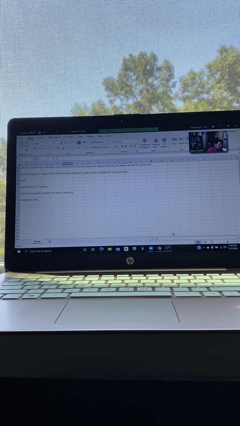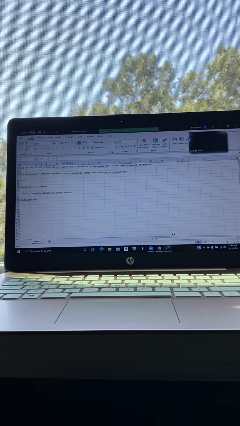So if you wrote 200 at 0.02 seconds, that's what you would want to use because that's the highest MA, shortest time. 100 MA at 0.04 would be, yes, it gives you 4 mAs, but it's a longer time. So I wanted to see if you remembered about using the highest MA shortest time because of motion. For the most part, you all did okay with that.